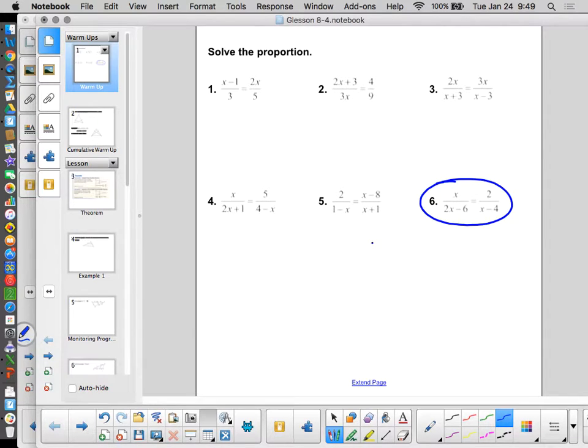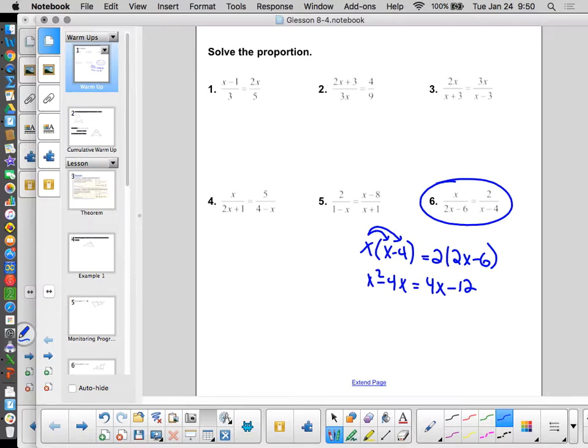When I cross multiply here, I get x times x minus 4 equals 2 times 2x minus 6. When I distribute an x, notice I get x squared minus 4x equals 4x minus 12.